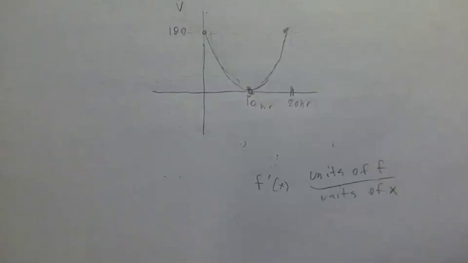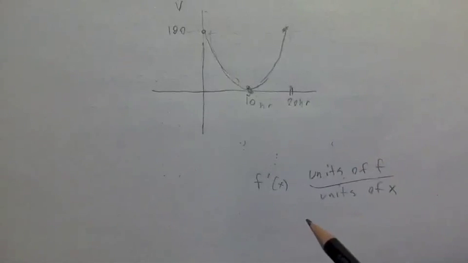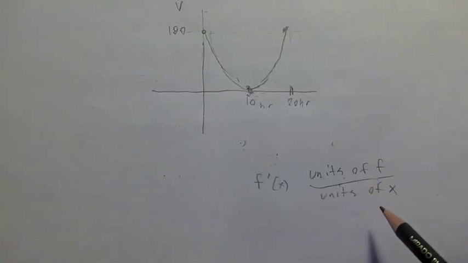You're going to have to get used to taking this mathematical idea of a negative rate, a positive rate, and translating it into what it means in English. And again, I cannot go through every type of example, but as long as you remember that f prime is going to be units of f over units of x, always. Okay? It's a rate.